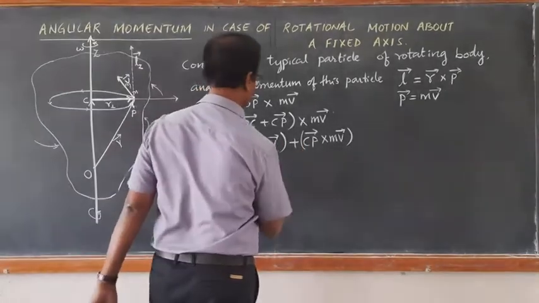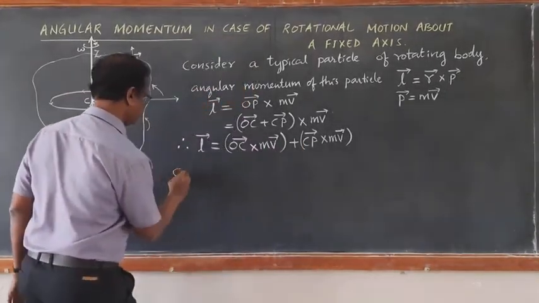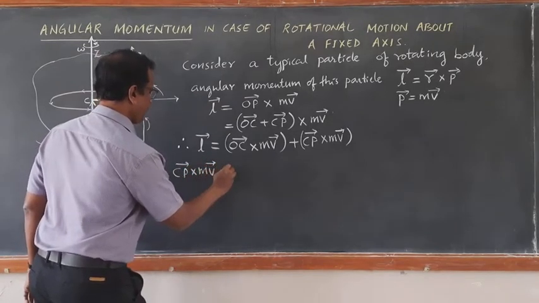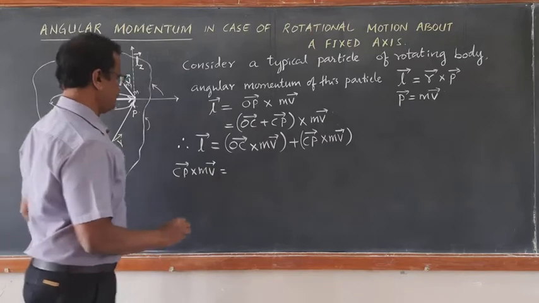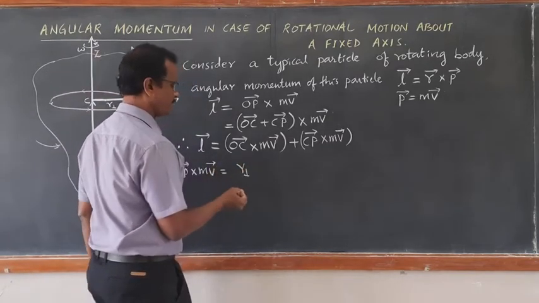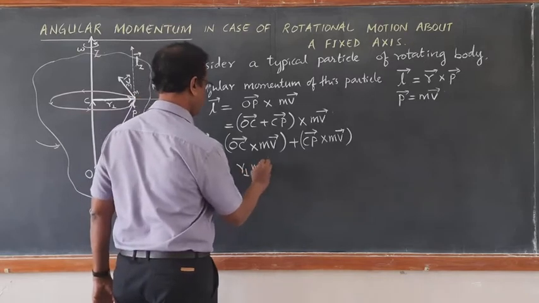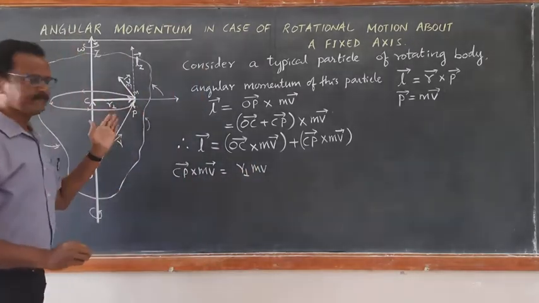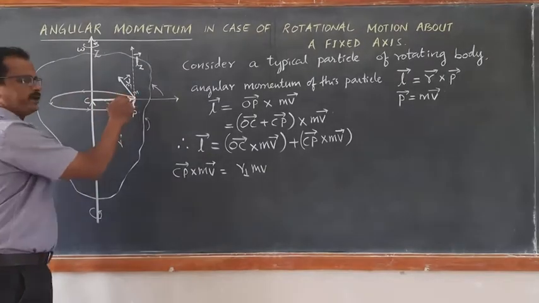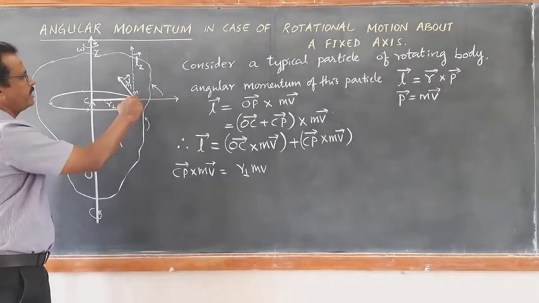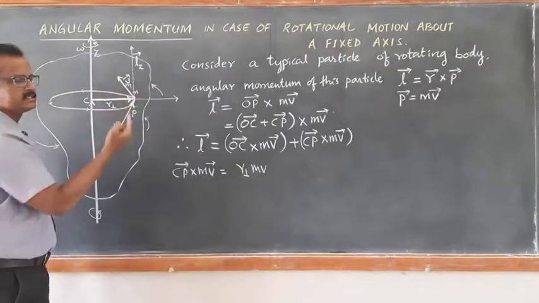Therefore I will write here first CP cross mv. CP is r perpendicular and mv. Since the angle between them is 90 degrees, you see mv is pointing inwards and CP is this one, so the angle between mv and CP, r perpendicular, is 90 degrees.